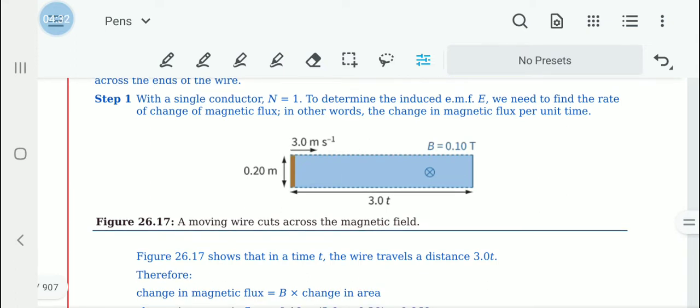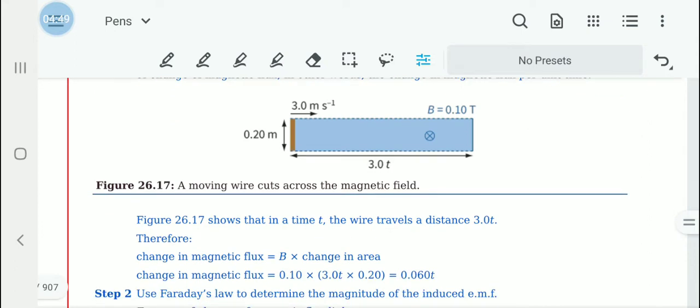So in a time t, the wire would travel 3t. The equation is speed equals distance over time, and from that we can figure out the distance it travels, which is 3t.